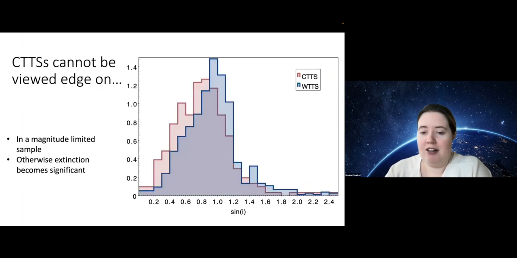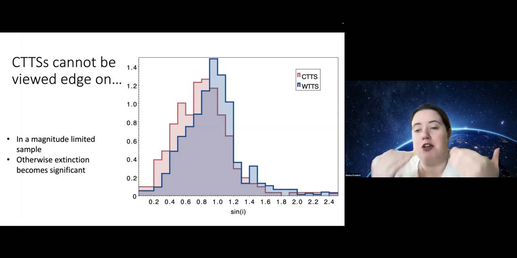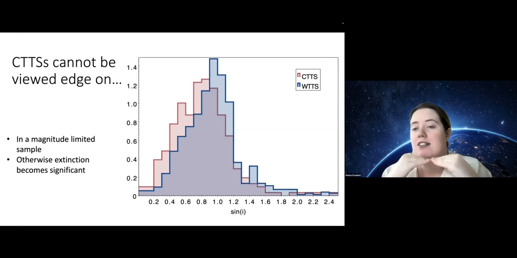Similarly, we can also compare the stars with disks and stars without disks. What we find is that a lot of stars without disks tend to be edge-on, but the stars with disks tend to be biased against edge-on inclination. That also makes sense because if you do have a disk, your opacity is going to be much higher.